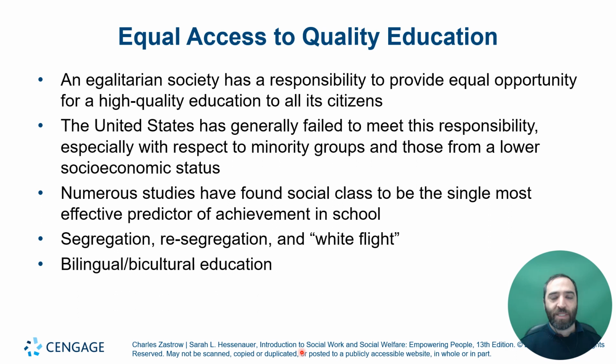So we have burned out teachers, we have more crowded classrooms, and we have a lack of opportunity. So what is going on here? We have something called resegregation, and white flight. When Brown versus Board of Education went before the Supreme Court, a famous case, they ruled that separate but equal, meaning between whites and people of color, is not constitutional.